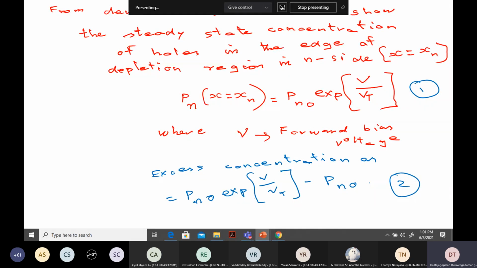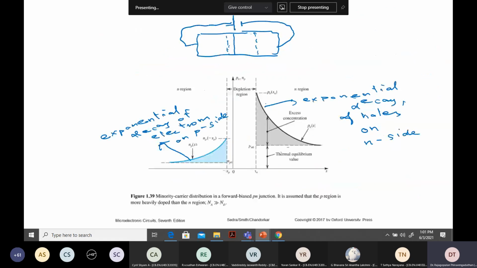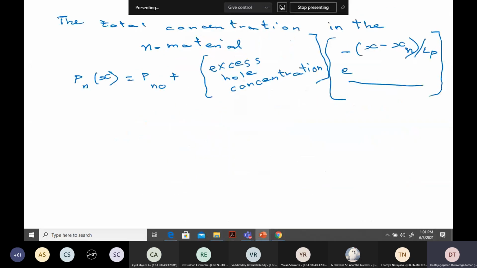Excess hole concentration: we have the equilibrium value, and we already know at x equal to xn what the value is. So the excess hole concentration at x equal to xn will be Pn naught exponential of V by Vt minus Pn naught. I explained this. So I will substitute that here. This term is the exponential decrease that happens as a result of recombination.